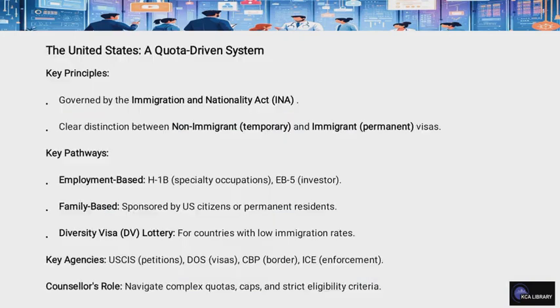For the United States, the key principles include that it is governed by the Immigration and Nationality Act, with clear distinctions between non-immigrants, which is temporary, and immigrants, which is permanent visa. Key pathways include employment-based, family-based, and the diversity visa lottery.